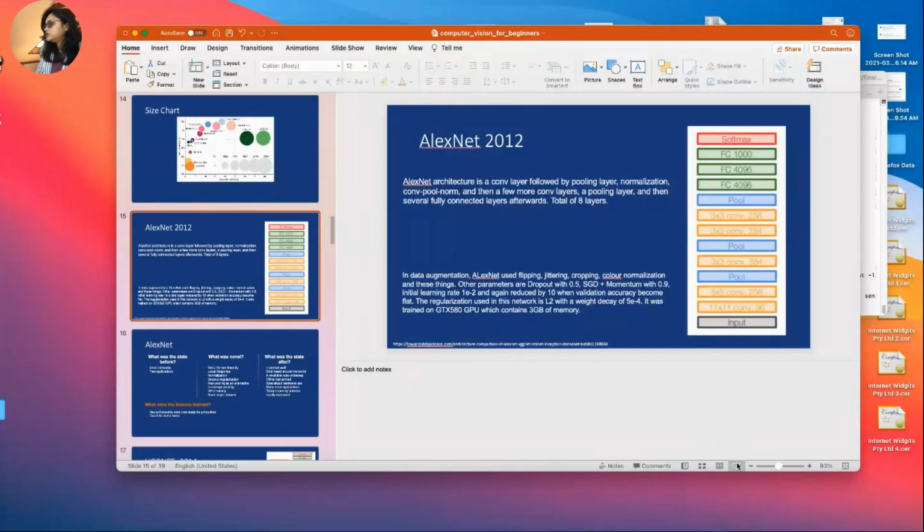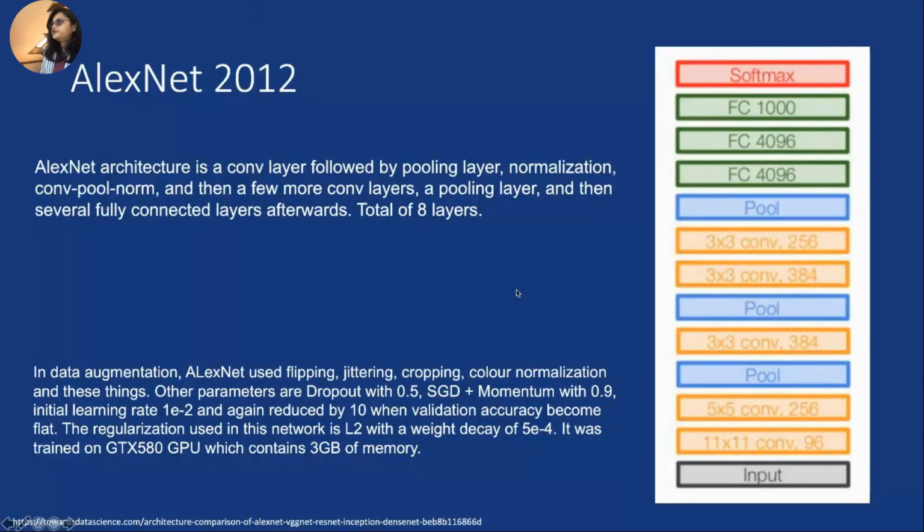Okay, so let me go ahead with AlexNet. The first architecture I wanted to get into was AlexNet because it was one of the firsts where the accuracy sprang up by a lot. The main thing that was novel here was that this was 8 layers deep, so it's not super deep. It had a few layers of convolution, pooling, and then a few fully connected layers.